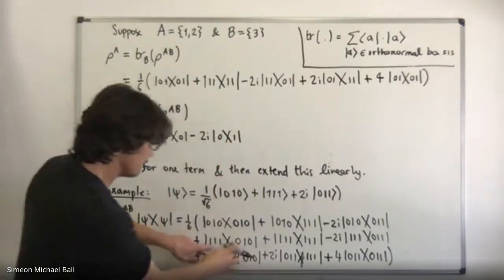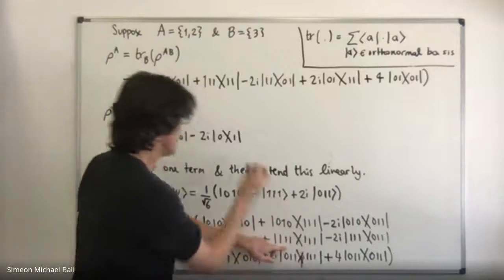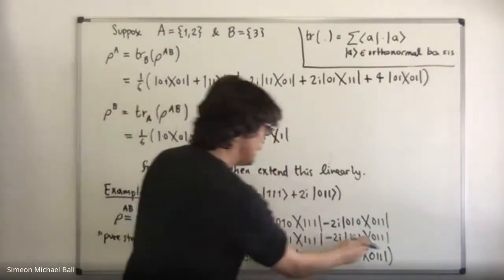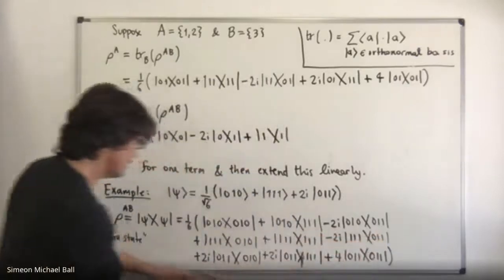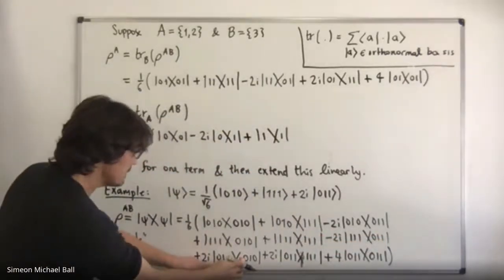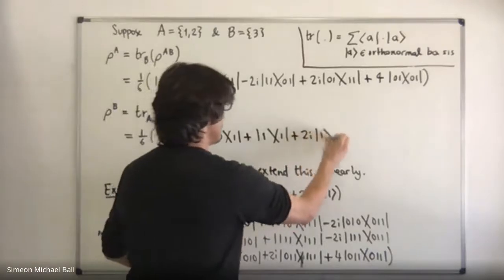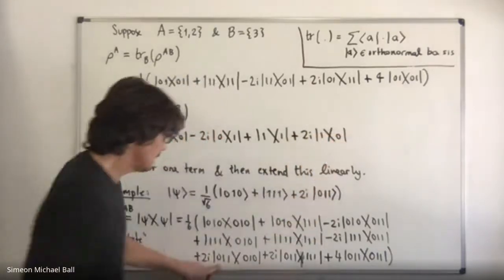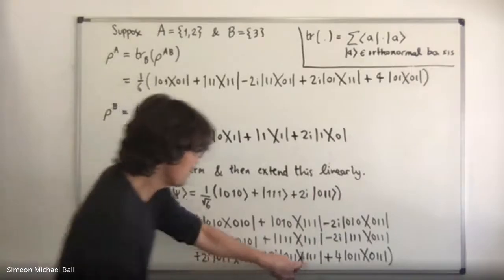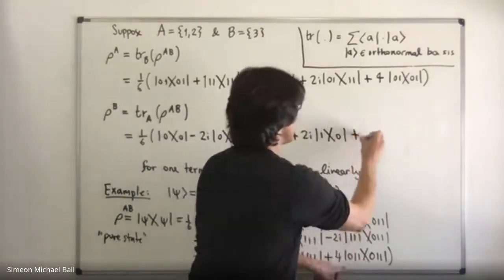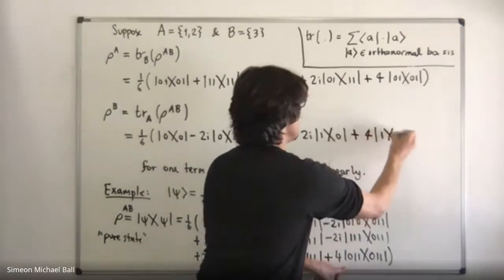This is going to disappear. This survives and gives us a 1, 1. Here, these are different, so they go 0, 1, 0, 1, so that survives, so we get plus 2i 1, 0. This is 0, 1, 1, 1, so that goes, and 1, 0, 0, 0, 1 gives us a plus 4, 1, 1.